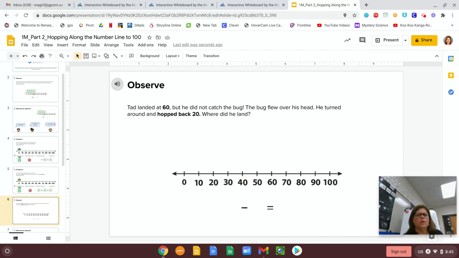He turned around and he hopped back to 20. So where did he land? He hopped back 20. 10, 20. He landed right here, didn't he, on 40.